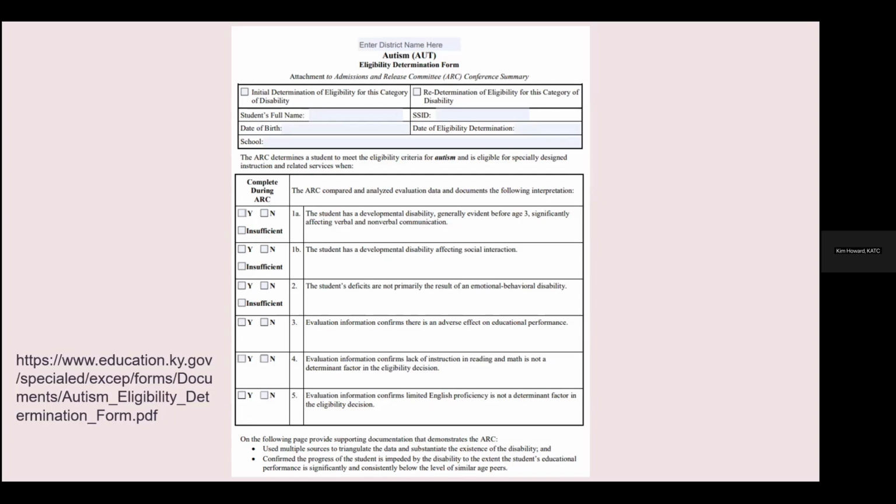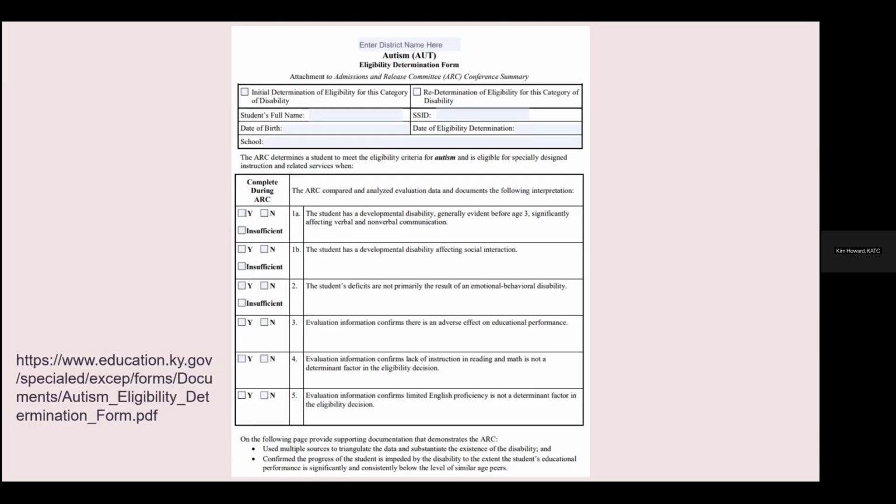Social interactions are a big piece of an autism diagnosis. How do they interact with their peers? Can they make friends? Can they participate in group instruction, whole group, small group? All of those kinds of social interactions that we think about across the course of our day. We're excluding that this disability is not an emotional behavioral disability, right? That's our big exclusion here, is that we're saying that this is not primarily an emotional behavioral disability, right?